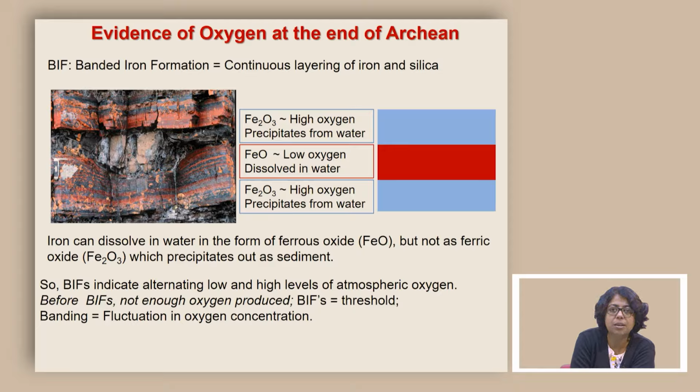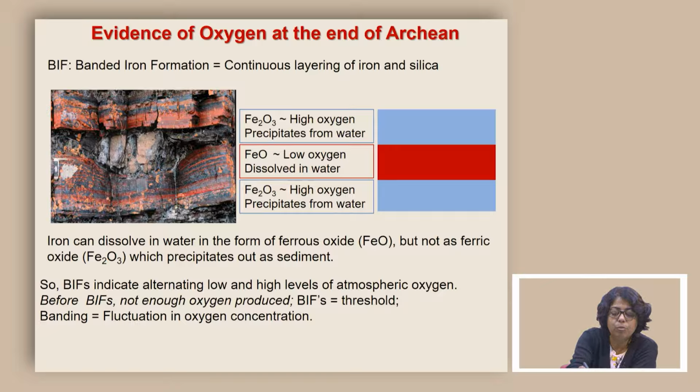One such thing is called BIF, or banded iron formation. This is a continuous layering of iron and silica. If you look at a banded iron formation, what you are going to see there are red bands and then bluish bands, and these two have very different compositions.